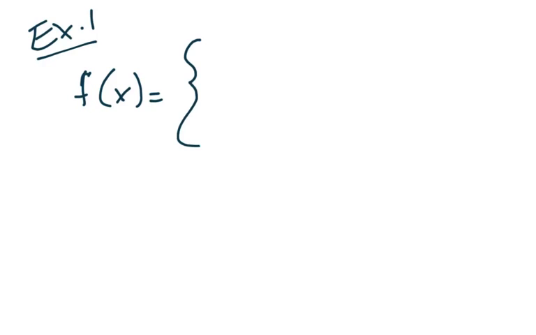So directly underneath that, let's do example 1. Here's an example of a piecewise function. This one has 3 pieces. And along with those 3 pieces, it also tells us when to use that piece.